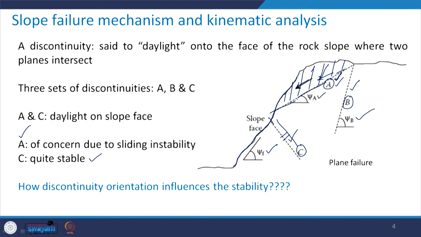This kind of failure, where the rock mass above the discontinuity has the tendency to slide along that discontinuity, is called plane failure or planar failure of the slope.